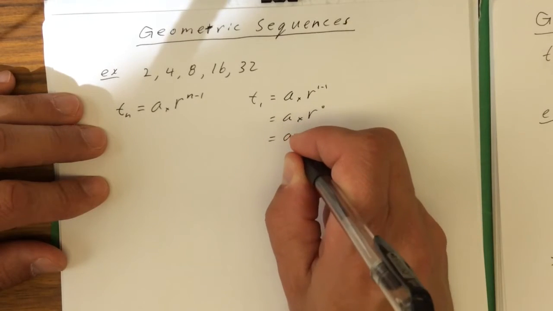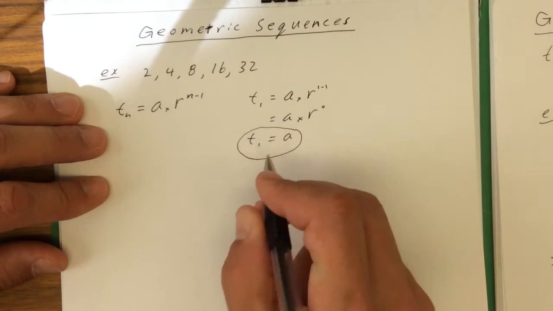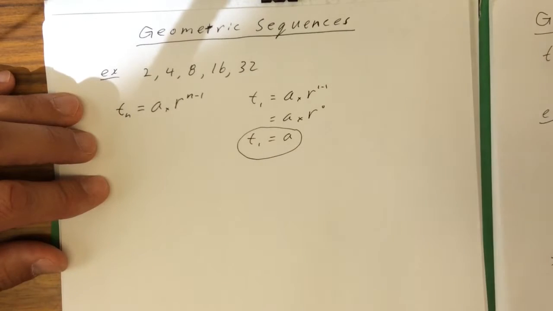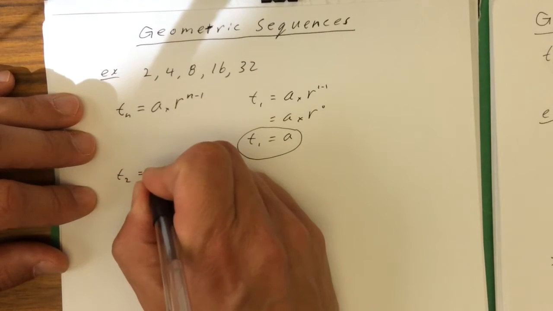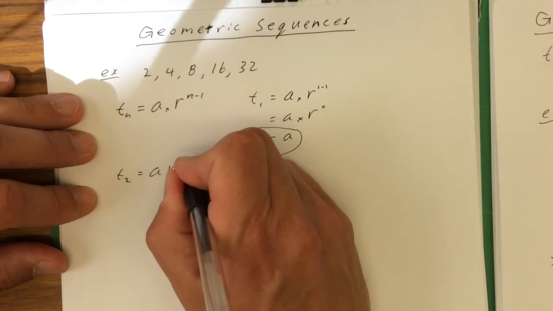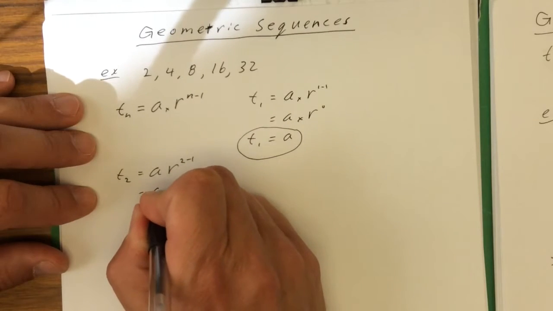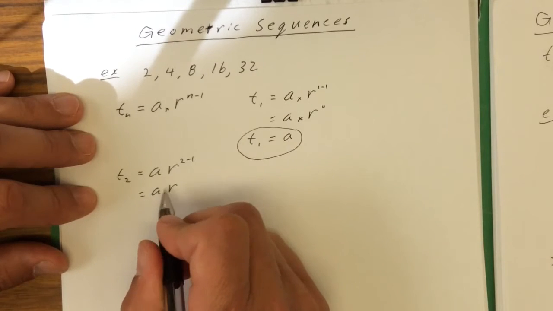So that just becomes A. So this is convenient again that A is the first term in the sequence. Okay, and T2 equals A times R to the 2 minus 1, which is A times R. Okay, so it's R times the first term.